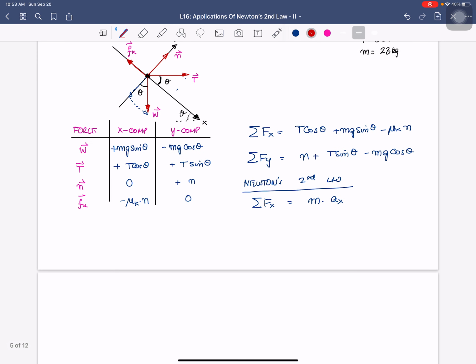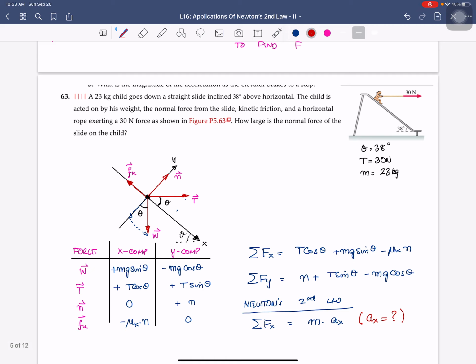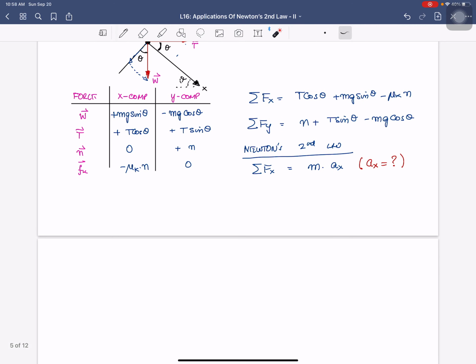So in some sense, the child could have an x component of the acceleration, and in fact that is an unknown in this problem. As it turns out, for the question that's being asked, we don't have to worry about that equation, but that's an additional part that you can add to this problem. We'll get to that later. So at this point we say, we don't know what that acceleration is.